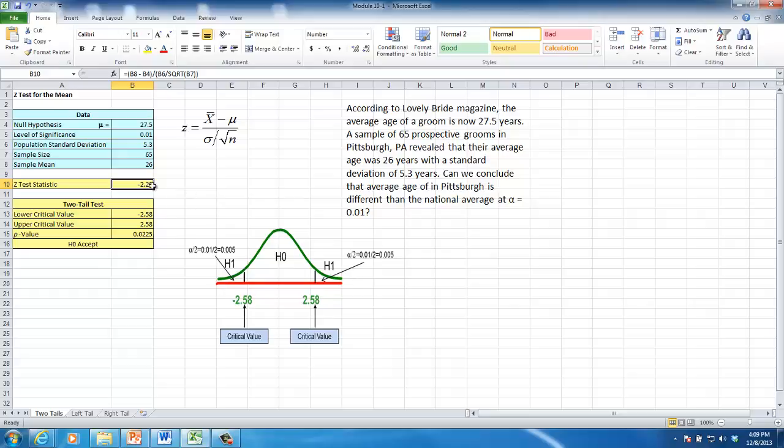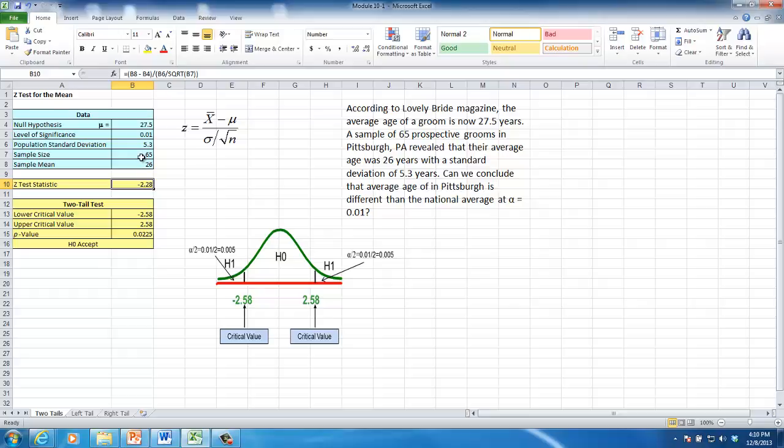H0 rejected. Now, in order to find the test value, I'm going to use this formula here: x bar minus mu. X bar is the sample mean, 26, which is B8, minus mu, which is the population mean, B4, divided by the standard deviation, which is B6, divided by the square root of the sample size, which is B8.